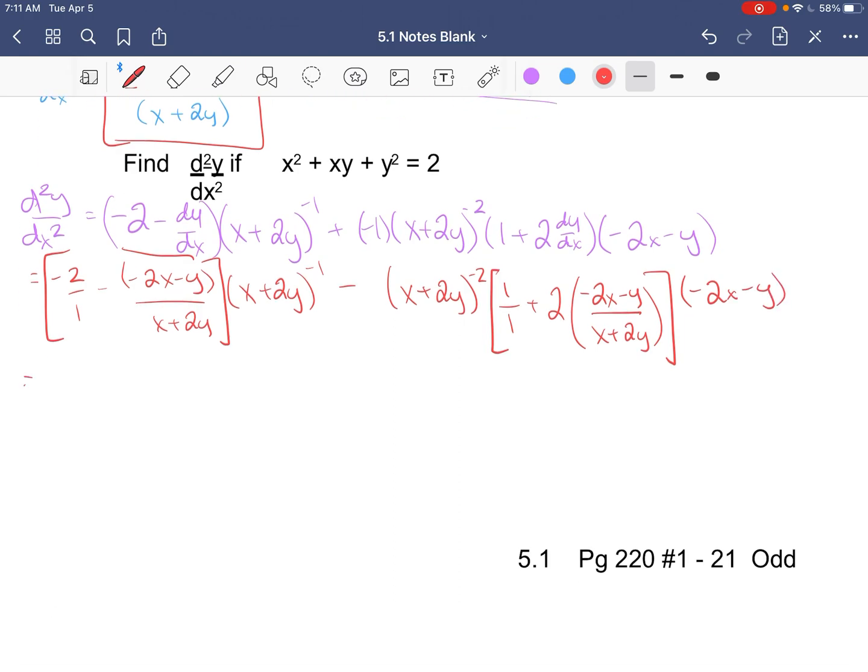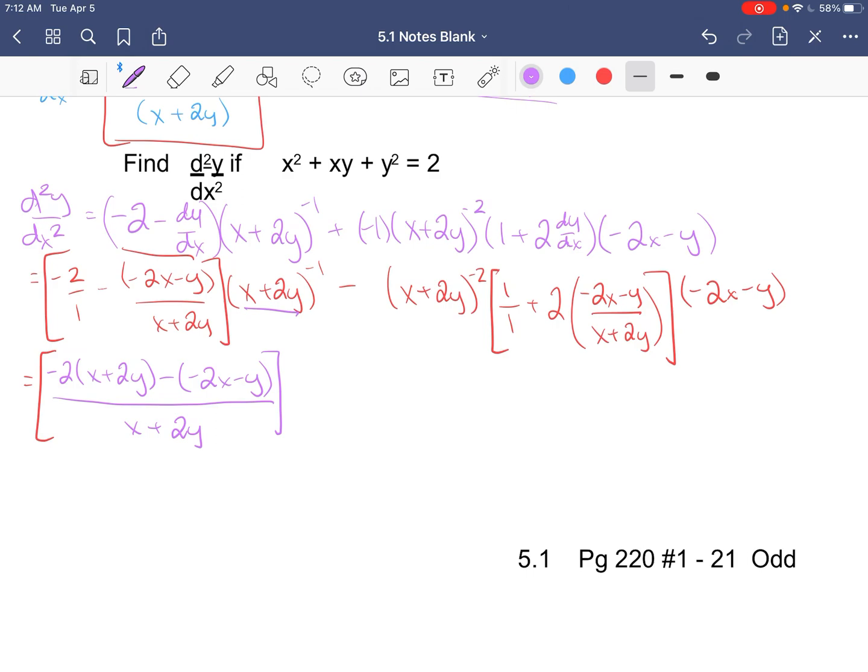So now we're going to start simplifying. I'm going to simplify in our square brackets first before we do anything else, and in order to simplify that, we need to get a common denominator. So negative 2 times x plus 2y minus negative 2x minus y, that now is all over x plus 2y.